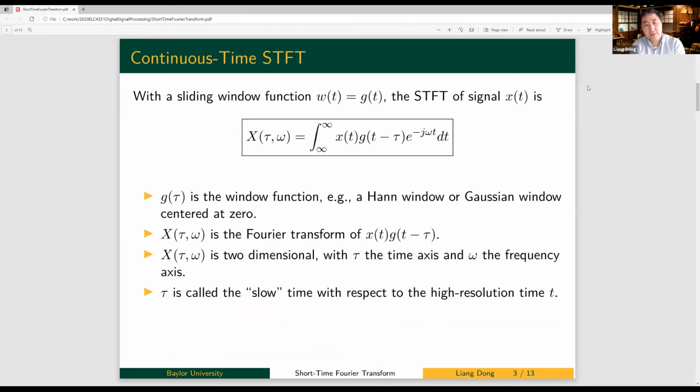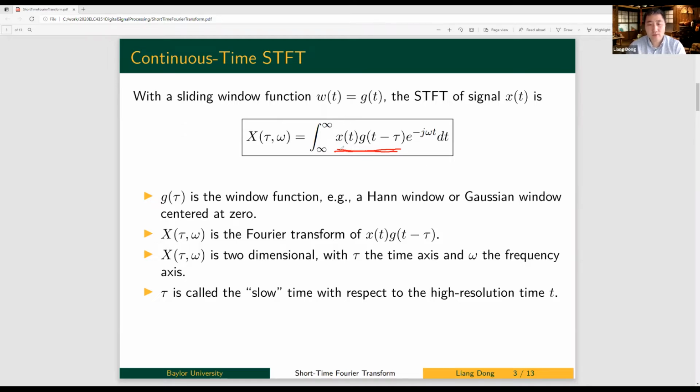Let's look at the continuous time short-time Fourier transform. With a sliding window, the window is w(t), and as we put in the picture, that's our g(t). The short-time Fourier transform signal is given by that. As we said, we are doing a Fourier transform on this windowed signal. This is signal x(t) going through the window g(t), a sliding window with a time shift of tau.